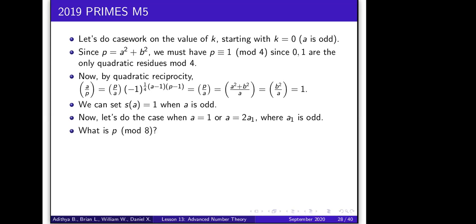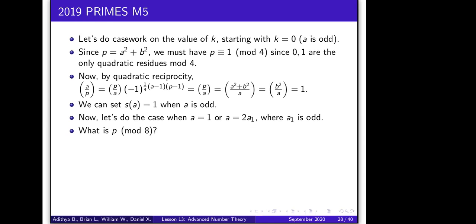So when we use the property that it's multiplicative, we're writing (A over P) equal to (2 over P) times (A1 over P). But to find (2 over P), we need to find what P is mod 8, and then we can use the result that we saw a couple of slides ago for when 2 is a quadratic residue.